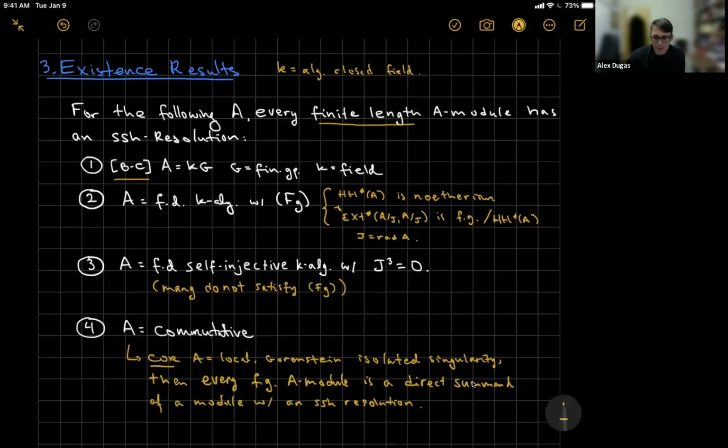It seems hard to remove this direct summand condition. So it's not clear if every finitely generated A module has an SSH resolution in this case, but at least everything is a summand of something that does.